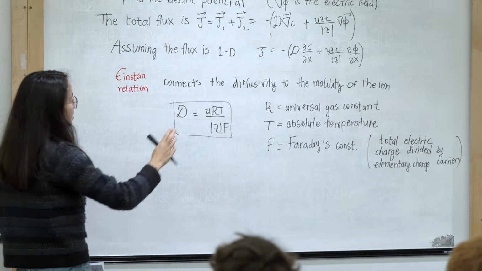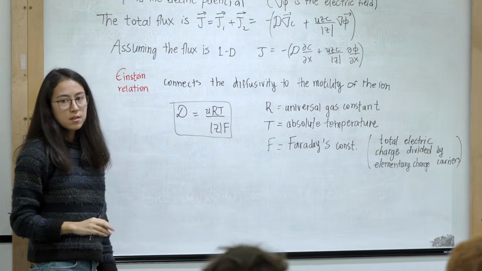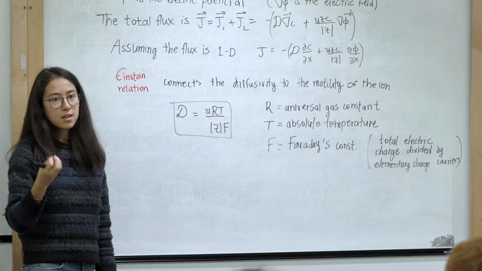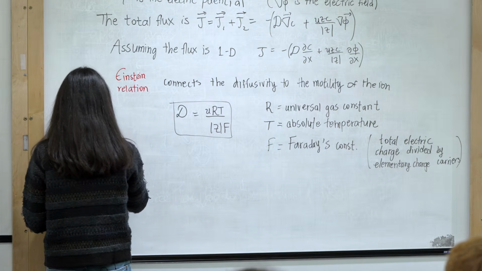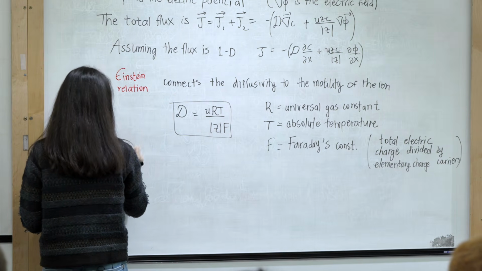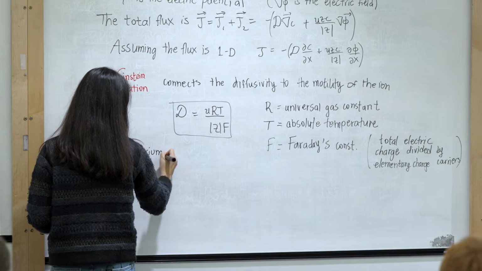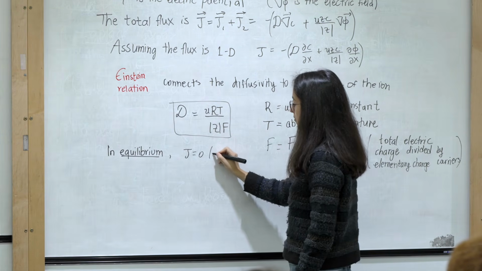OK, so now, as I said, we simplified it by writing it as a 1D equation. Now I want to compute this Nernst potential. So what we want to do is basically set J equal to 0, so the flux is 0. So in equilibrium, we have no flux.